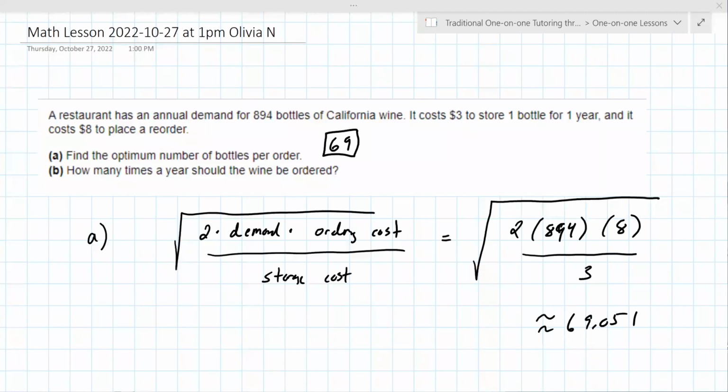Now the reorder is another formula, so I've got to grab that.